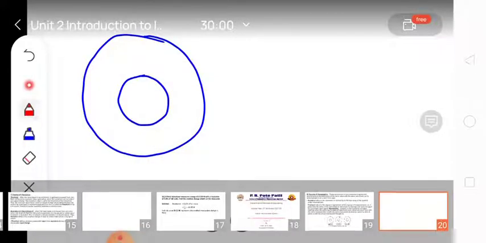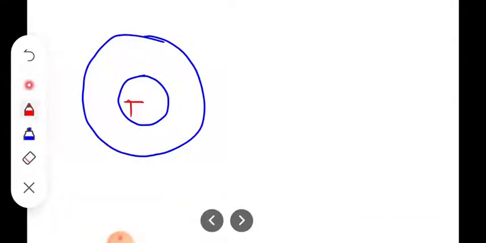Now in this case suppose the first arrow is targeted here, the second somewhat here, the third here, the fourth here and the fifth here. Likewise the five arrows are targeted in the center, that is in the target area.